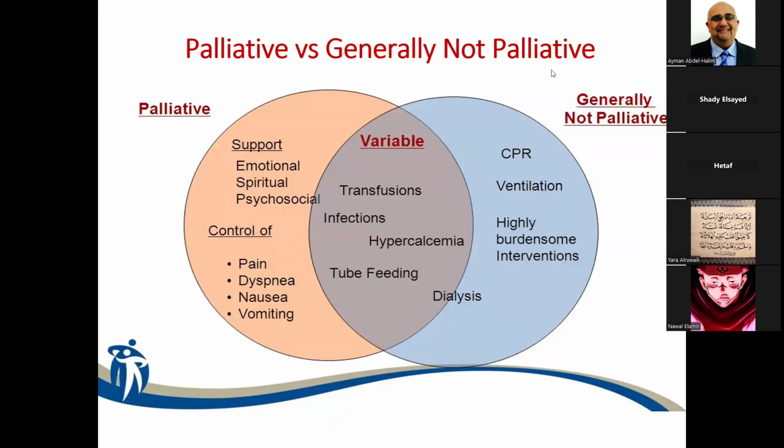Palliative versus non-palliative. Generally speaking, things on the left here are palliative in nature, and things on the right are not palliative, such as aggressive measures like CPR, mechanical ventilation, dialysis, TPN.